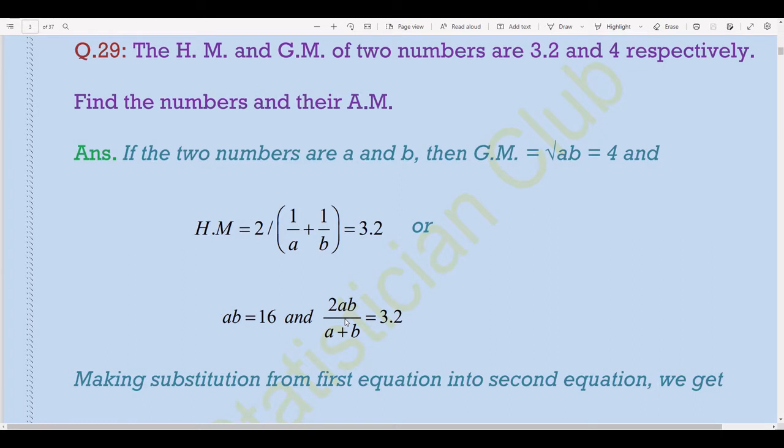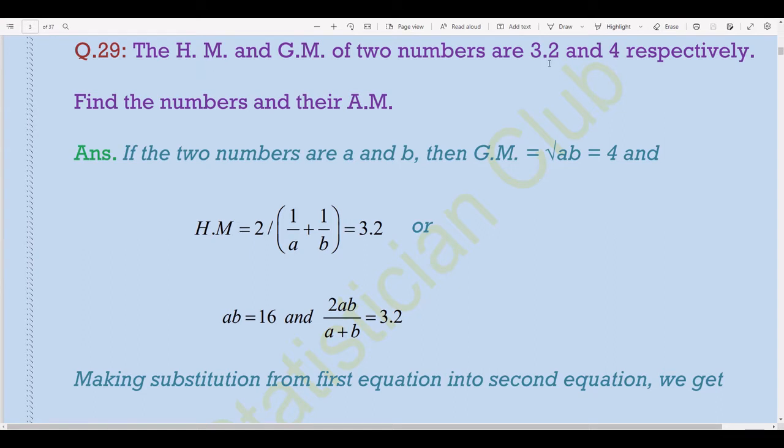Question number 29. The harmonic mean and geometric mean of two numbers are 3.2 and 4 respectively. Find the numbers and their arithmetic mean. Respectively means the first value is harmonic mean and the second value is geometric mean, because here harmonic mean is right at the first position.